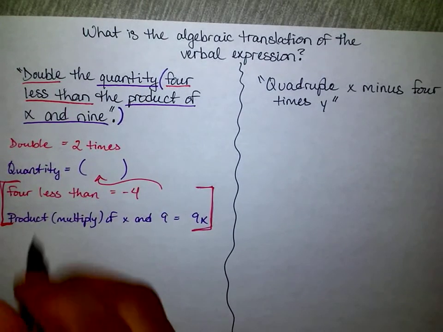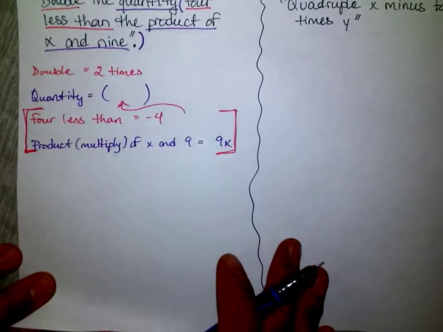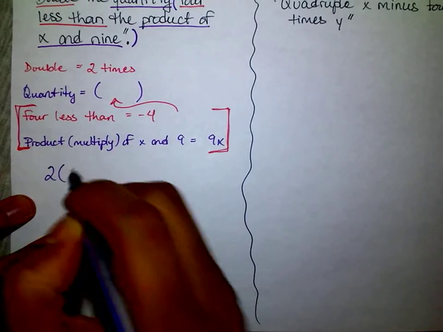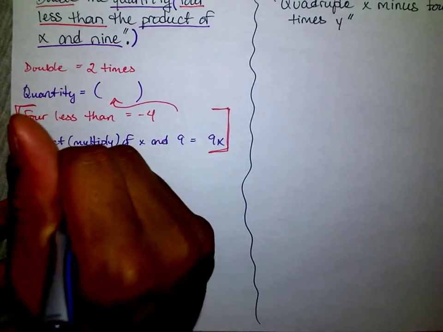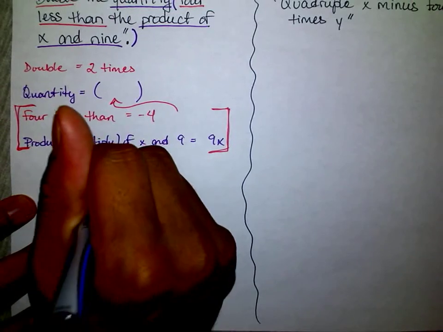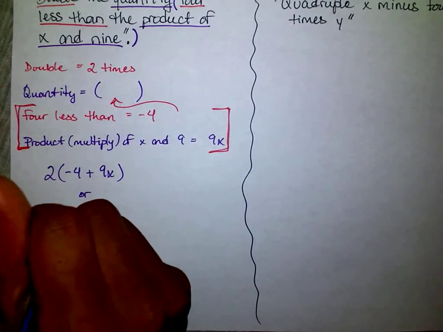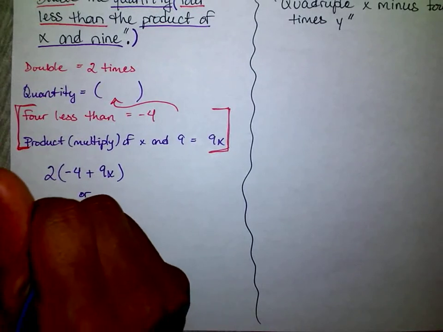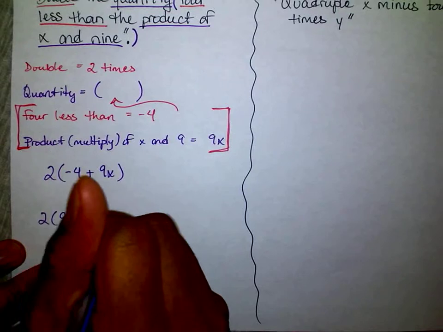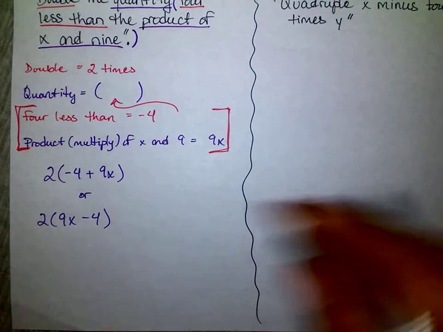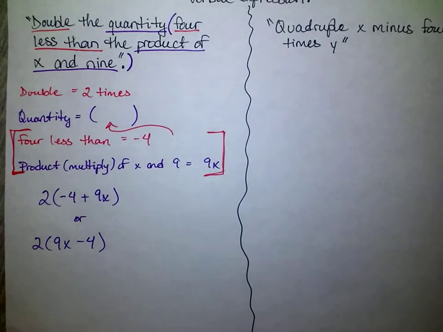So we can write our final answer as 2 times the quantity of -4 plus 9x, or we can say 2 times 9x minus 4. Alright, one of those two expressions will satisfy this verbal expression. Okay, let's take a look at our final and last problem.